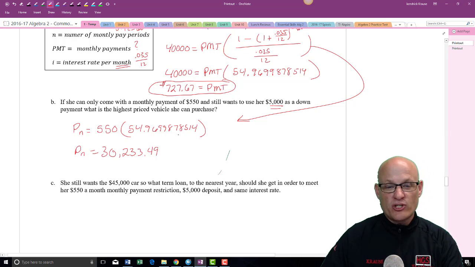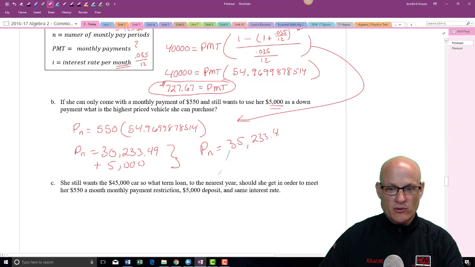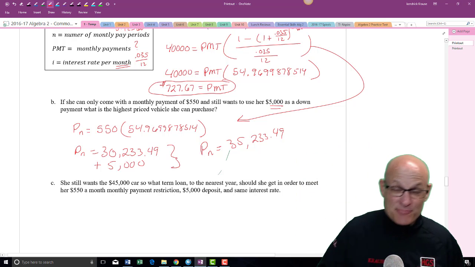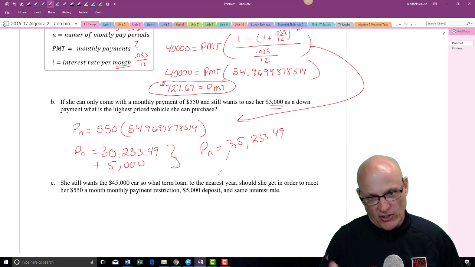I need to figure out what she can actually afford. So to that, I'm going to add the $5,000 that she can use as a down payment. So I get the amount she can afford is $35,233.49. All right. Now, this by the way would be a 6-point question.